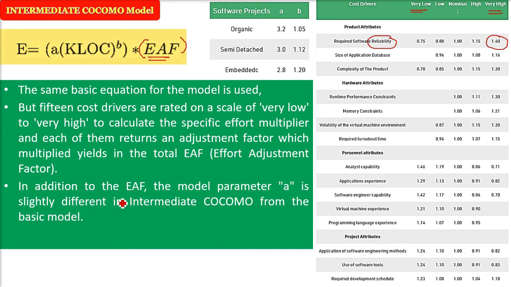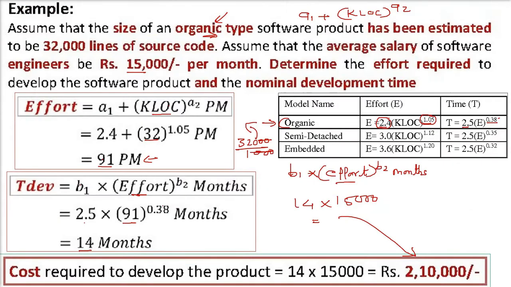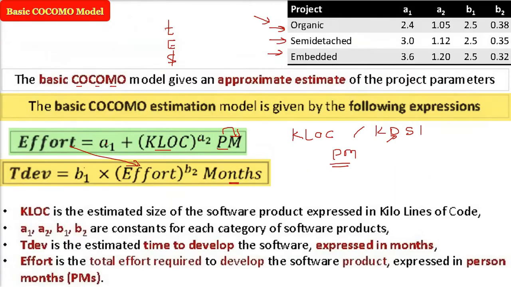In addition to this EAF, the model parameter A has slightly changed from the basic COCOMO model. The parameter B is similar. Let me show you again, because I have to show you the equation.